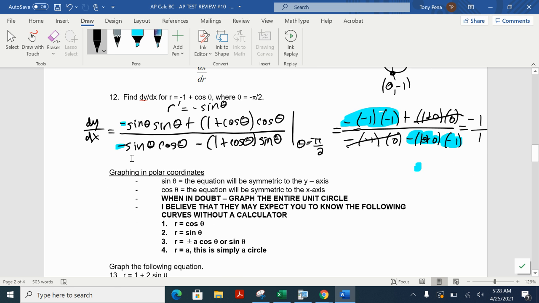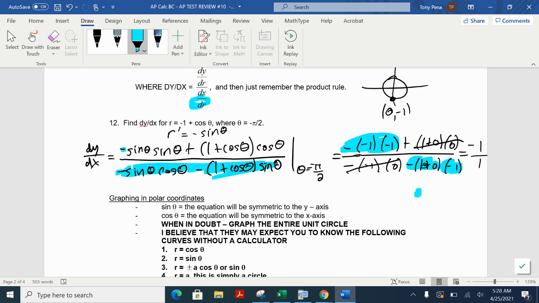All right. Very common question with these also. You were exposed to these. This is with our parametrics and with polar. The idea that it could ask, where do you have a vertical tangent? Vertical tangents mean your derivative is undefined. And if your derivative is undefined, that means this denominator is going to be 0. So you would just take that dx d theta, set that equal to 0.